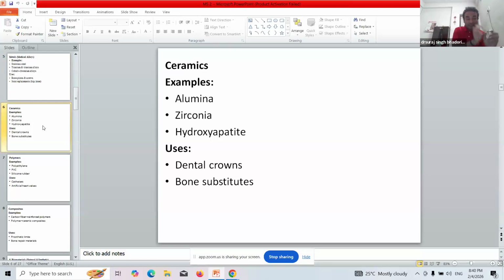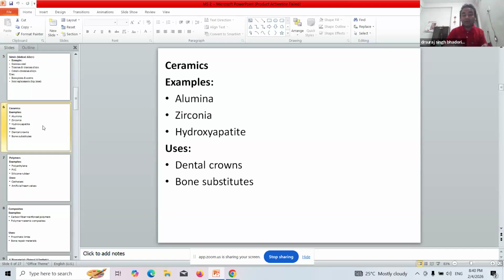When we mix A with B, B with C, C with D, we want the heterogeneity between A and B, B and C, and D. So we want the ceramic material. This ceramics makes the bond and the integration, the interlinkage between two different elements and two different compounds. So these are the ceramics.